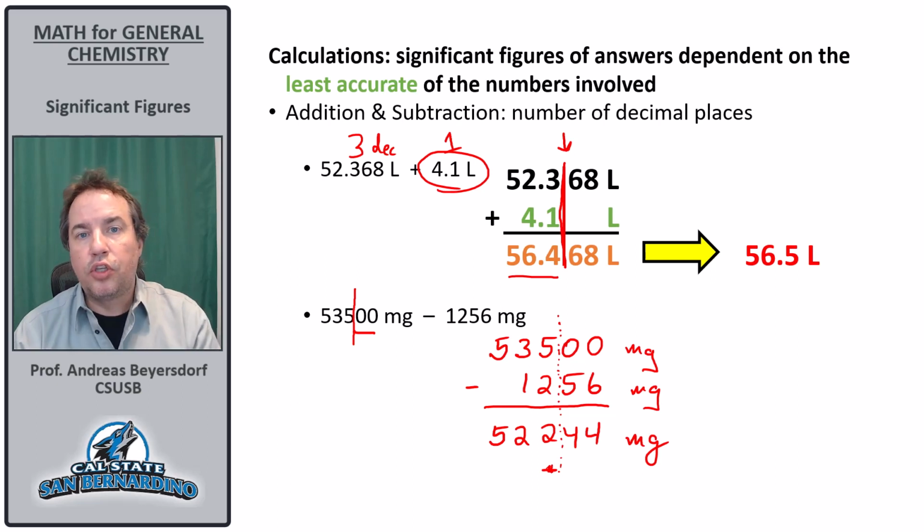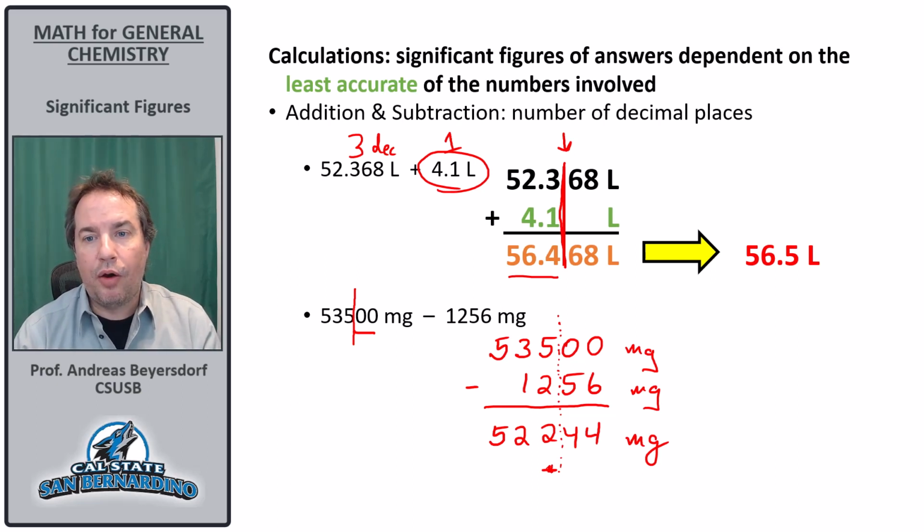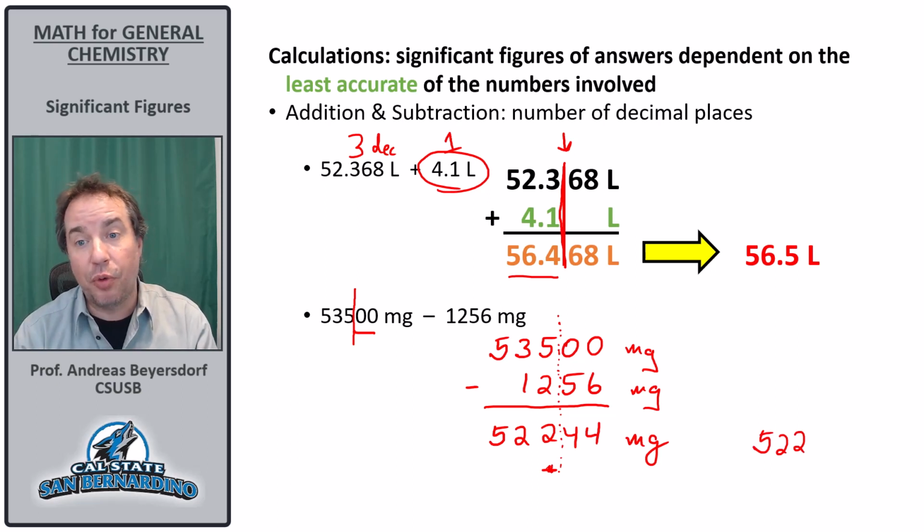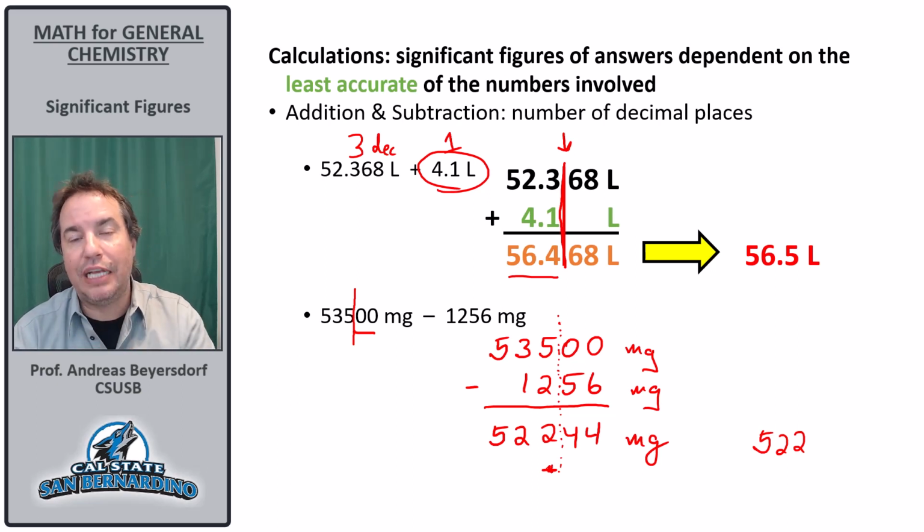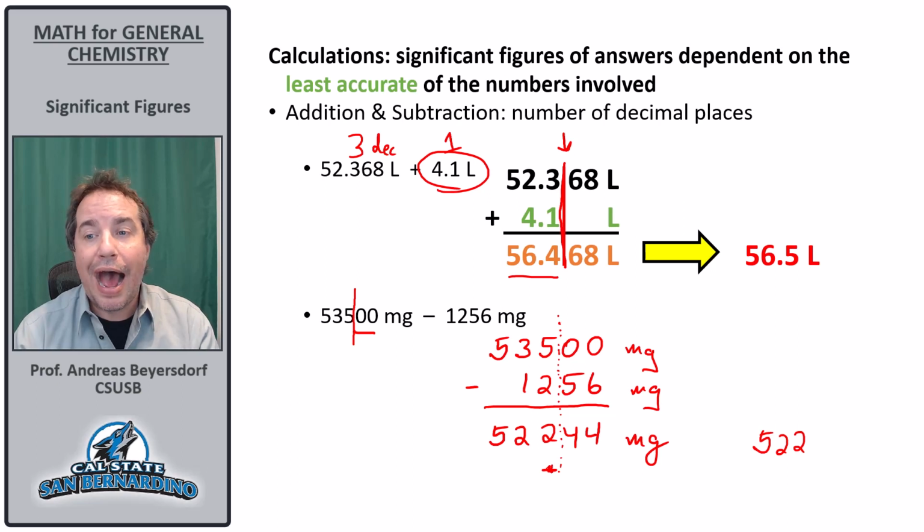place. So I might just say, well, if only the 522, I may just make this 522. But notice, there's a huge difference between 52,244 milligrams and 522, right? So what I have to do here is, even though I'm going to just get rid of these bottom two, the 4 and the 4, I need to put zeros in there to save the space for those, right?